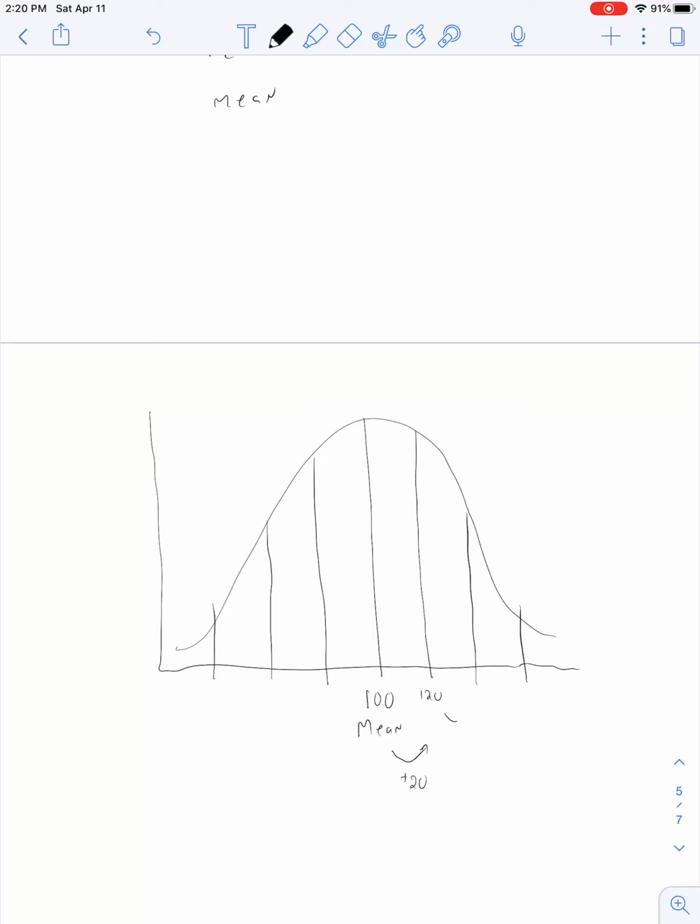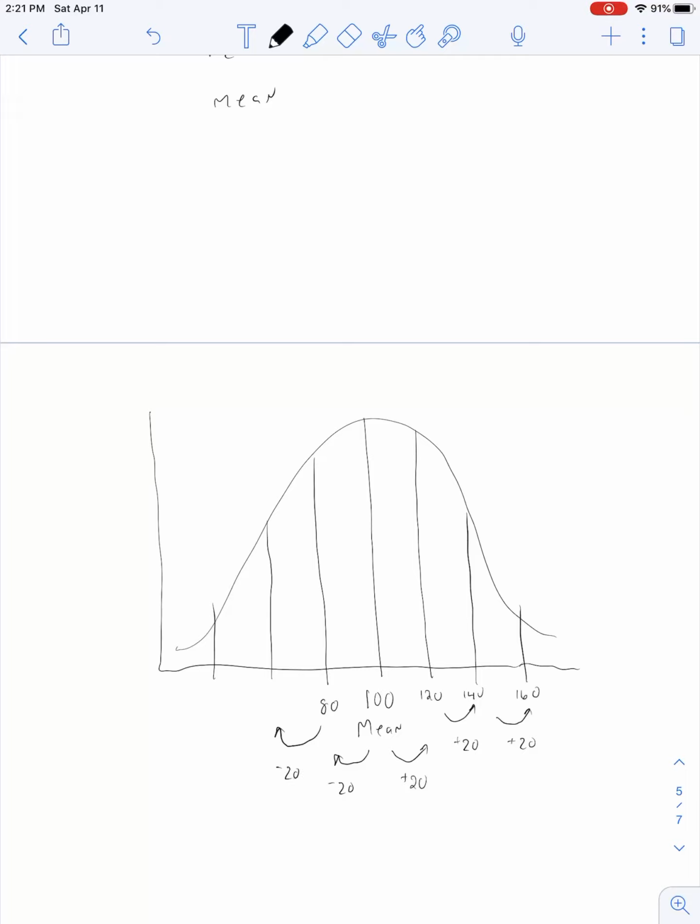So now that's 120. To get our next one, we add 20. So that's 140. Next one, we add 20. That's 160. On the right side, we're adding, and on the left side, we're subtracting our standard deviation. So that's 80.